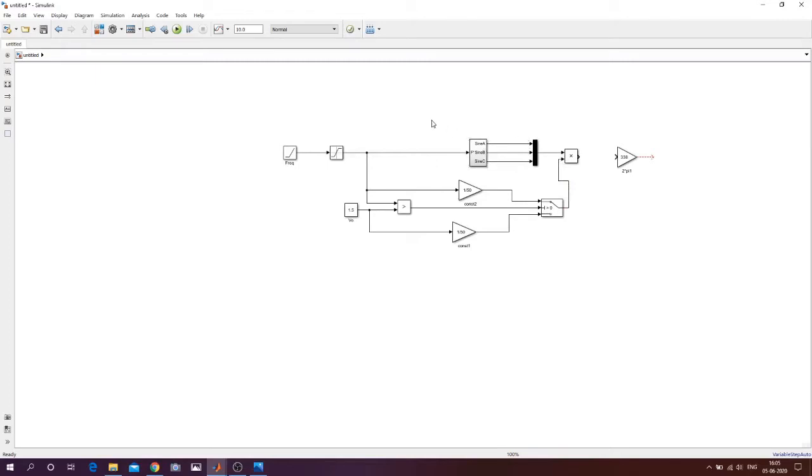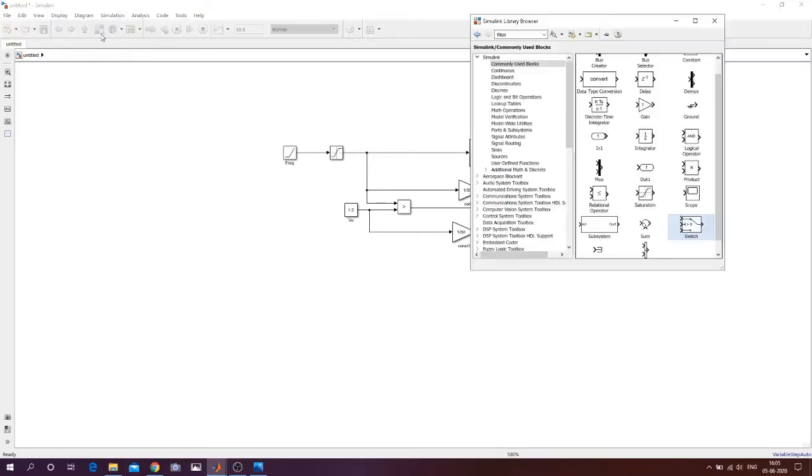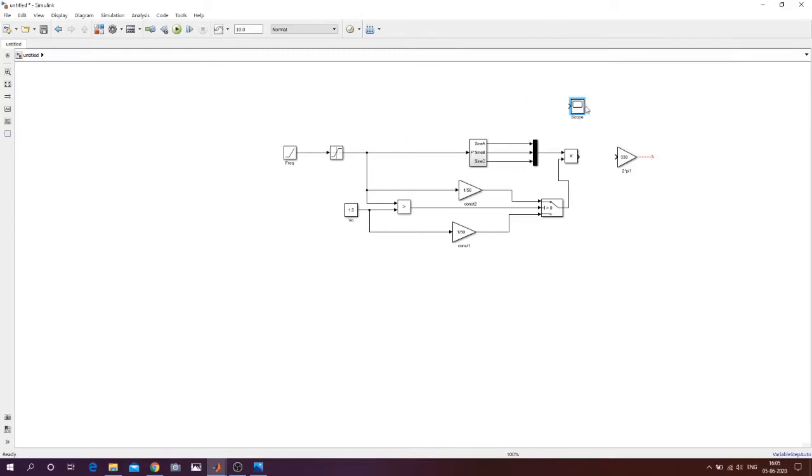If you check this one, let me show you with the scope. This is the scope, so we will put it over here and we will check one sine wave.